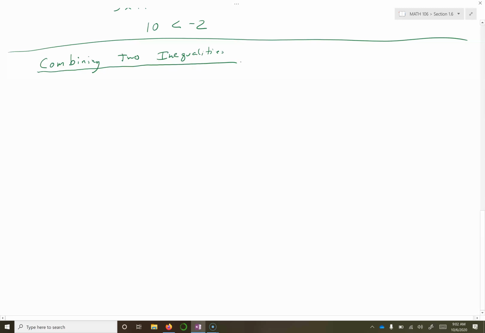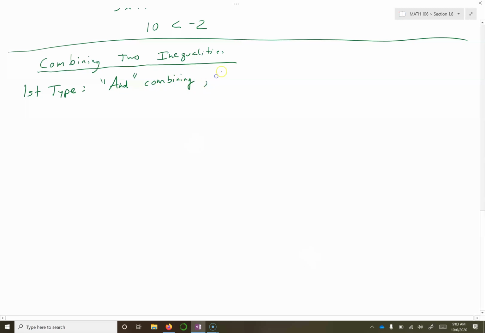So there's two types of combinations. I'll go through an example of the first type, all right? The first type, I put it in quotes, is the "and" type of combining inequalities.